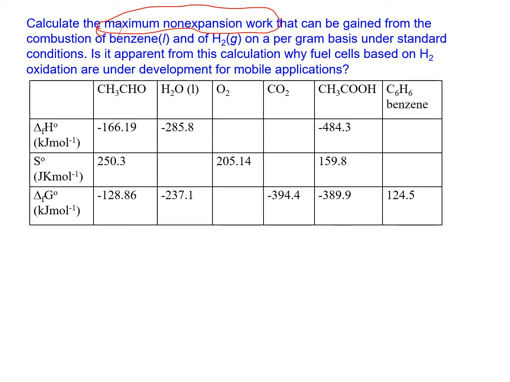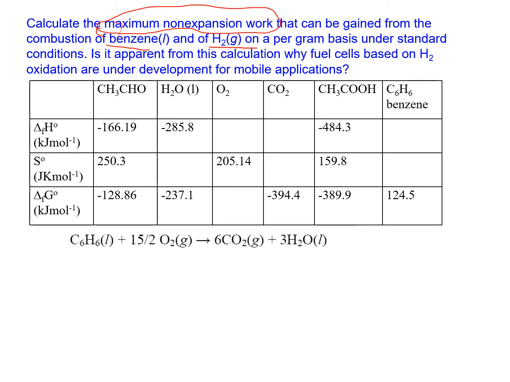And the reaction is benzene and hydrogen combustion reactions. So comparison of these two reactions. So first, let's look at the benzene. The combustion of benzene is benzene reacts with oxygen, forms carbon dioxide and water.